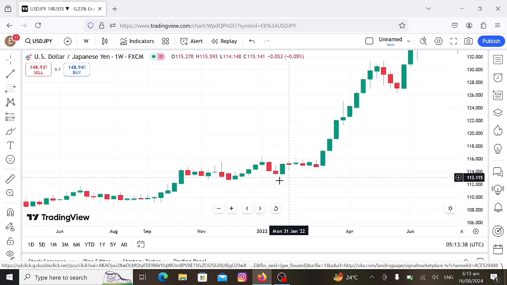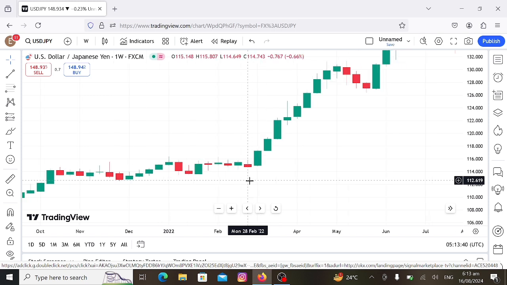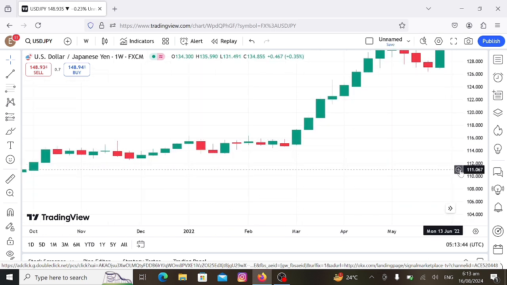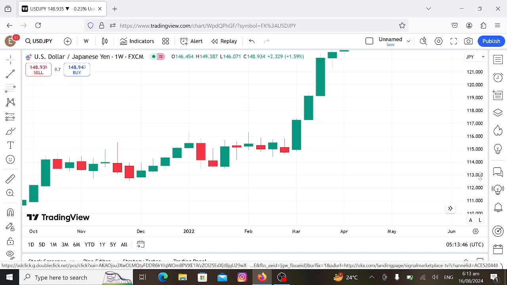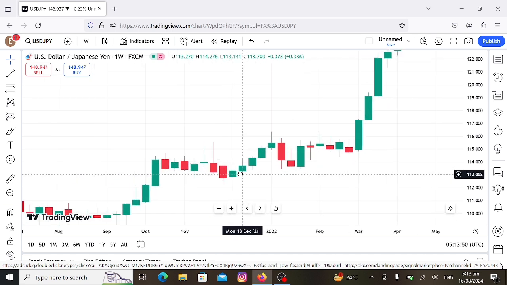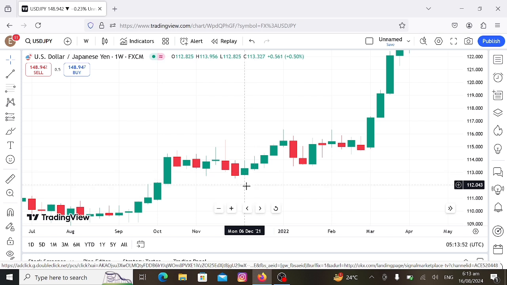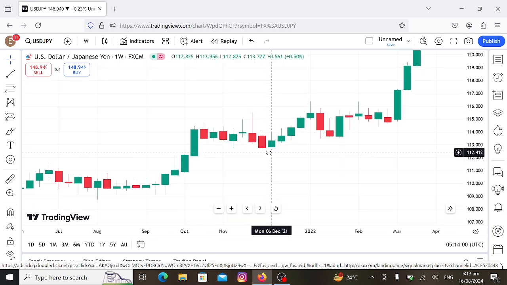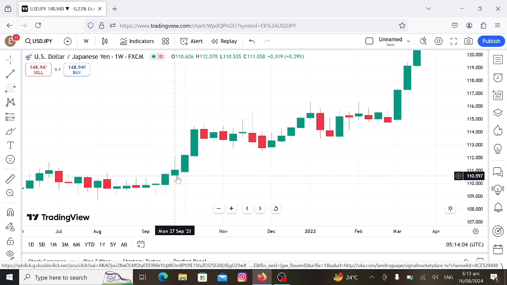An inverse hammer forms to show the potential movement of the market. So if you see here, we have numerous ones. How many can I spot here now? In this place, we have one.